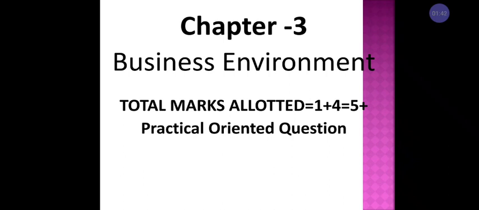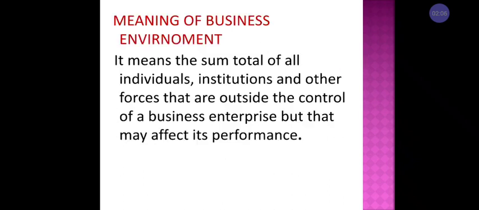If it is 70% syllabus, from the third chapter we can expect totally 7 marks. 1 mark question is 1, a 2 marks question we can expect in section B, plus a 4 marks question, and as usual a practical oriented question. This is the weightage of the third chapter.